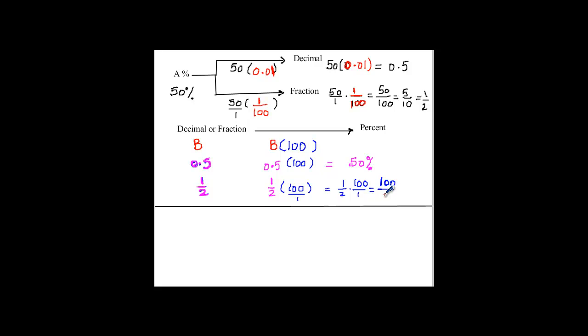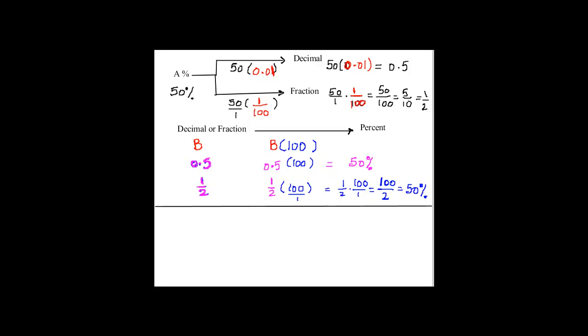Oh, I'm sorry, my microphone was off and I was talking to myself. You would reduce that to 50 over 1, which would then be equal to 50. You mean 100 over 2 and then reduce it to 50. You're right. Okay, yeah. So don't forget to put the percent sign in front of that.